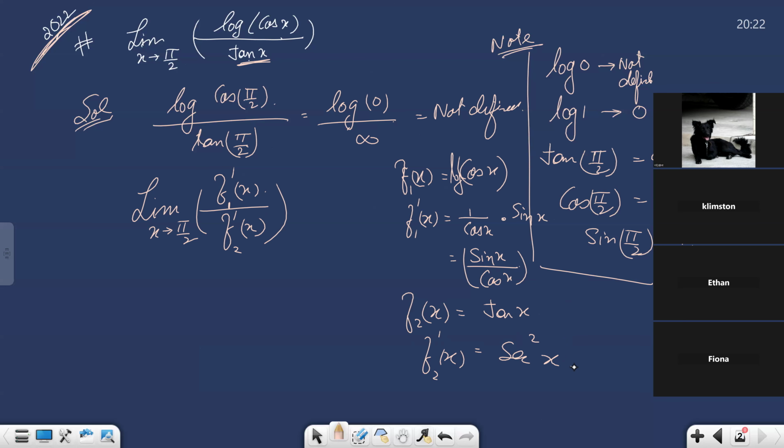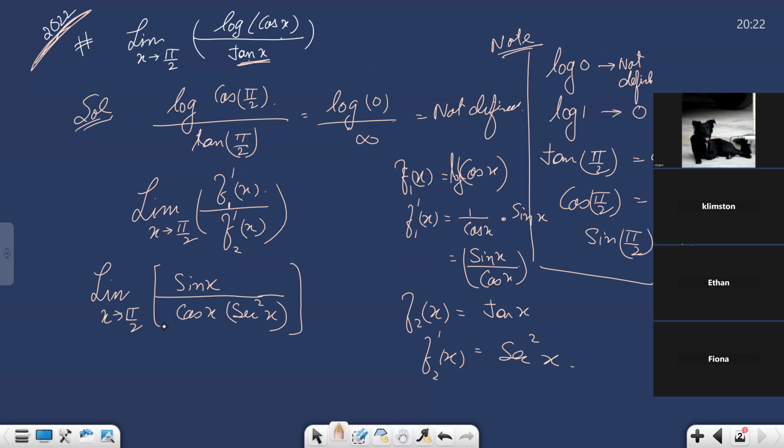So let's put it. Limit x tends to pi by 2. Here is the new numerator, that is sin x upon cos x, and the denominator is sec whole square x.